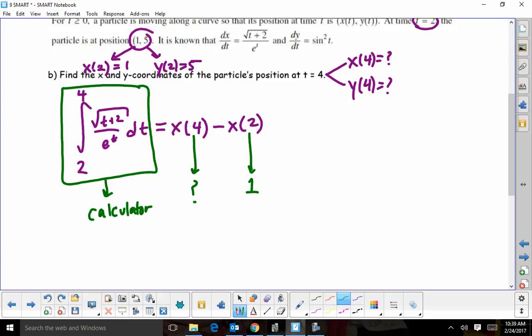So let's put the first part in the calculator and make sure we can get the same thing. After I put it in the calculator and get my answer, I got 0.253, or you could have had 0.252 if you truncated.